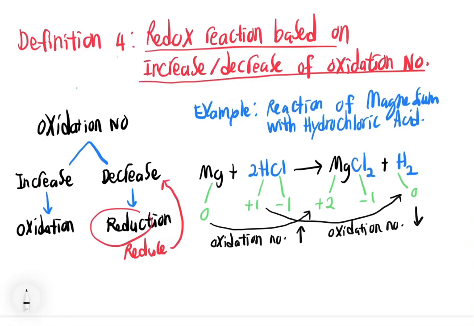So magnesium becomes Mg2+ ion. This is an oxidation process because the oxidation number increases from 0 to +2.